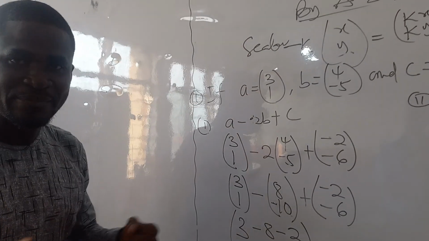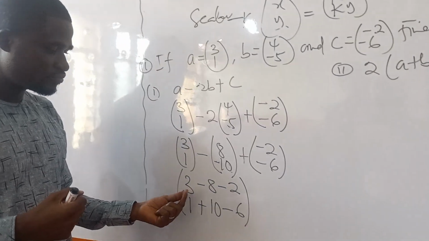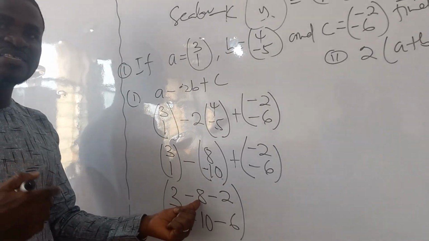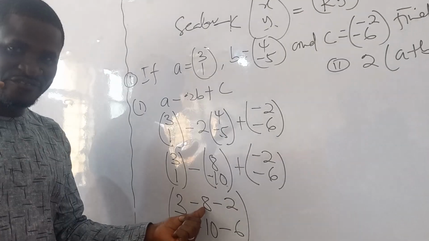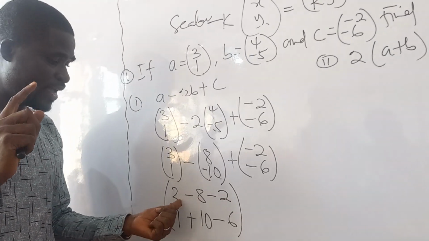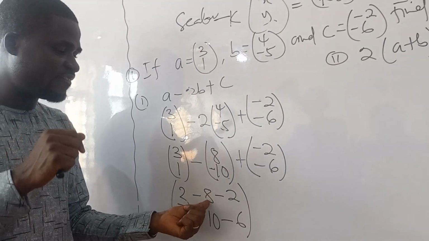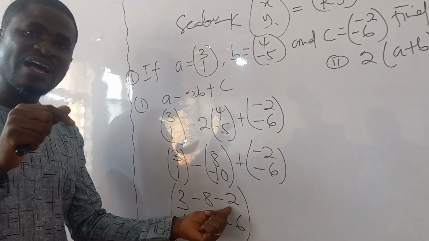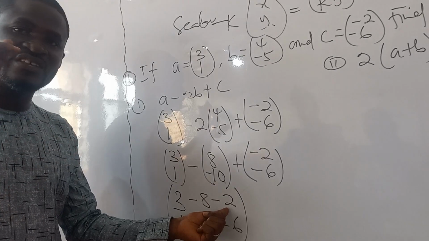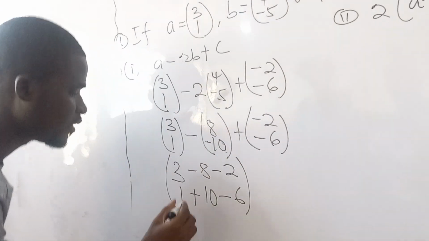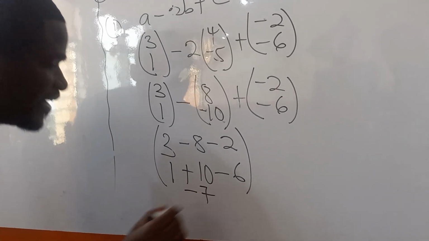Now let's add them. 3 minus 8 will give us -5. -5 minus 2 will give us -7.